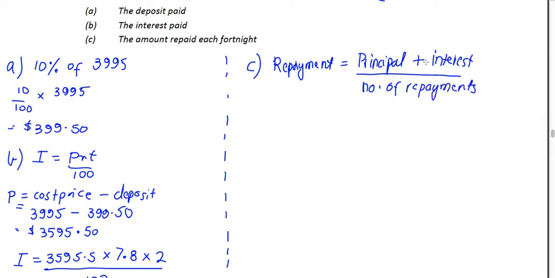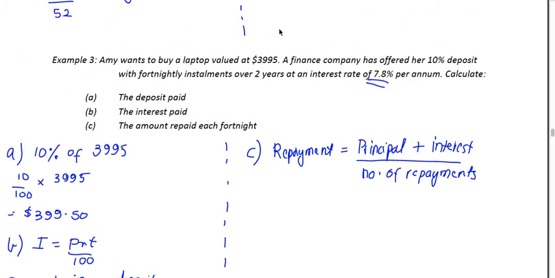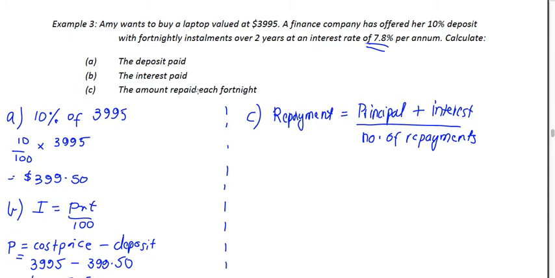So I've got the principal and I've got the interest. How many repayments are there though? We've got 2 years and they're going to be done fortnightly. So there's 26 fortnights in a year. So therefore in 2 years there would be 52 fortnights.